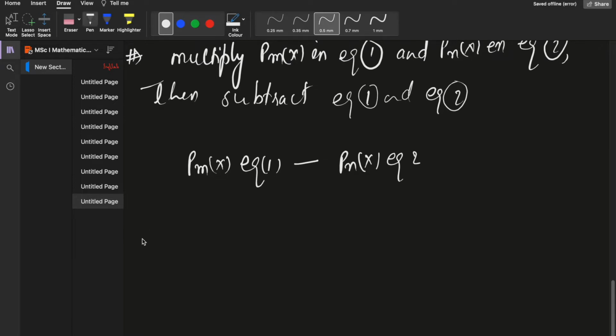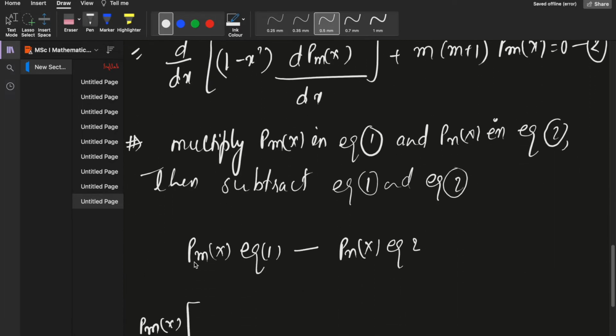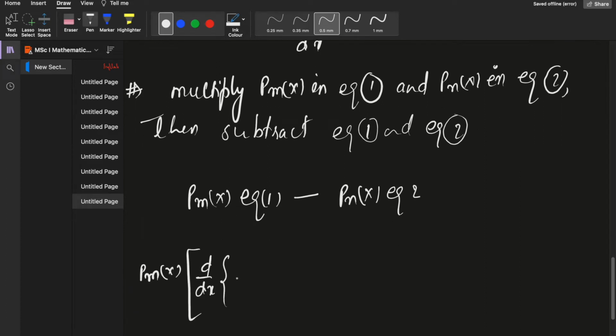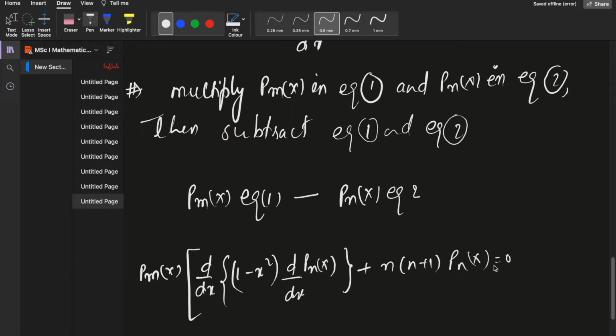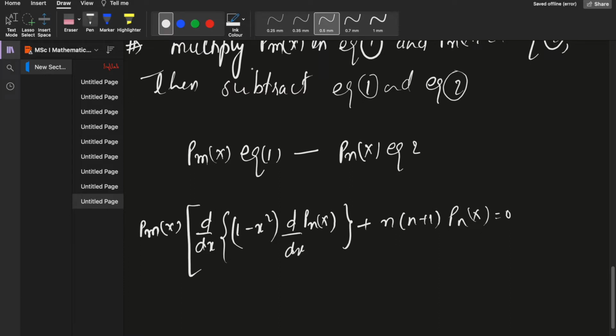So Pm(x) is multiplied by what? Equation 1 was d upon dx of (1 minus x square) d upon dx of Pn(x) plus n(n plus 1) Pn(x) is equal to 0.